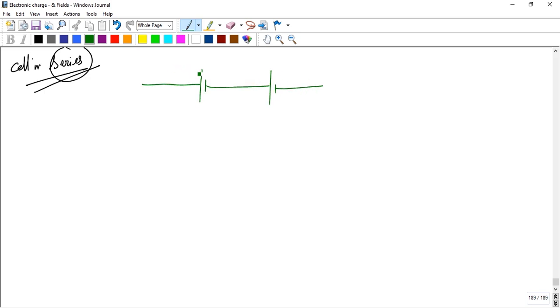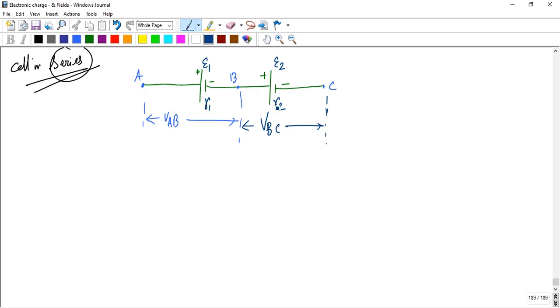The long line represents the positive terminal, the short line the negative terminal, then positive and negative again. Suppose the points are A, B and C. The potential here is VAB, and from B to C is VBC. The EMFs are EMF 1 and EMF 2, with internal resistances R1 and R2.